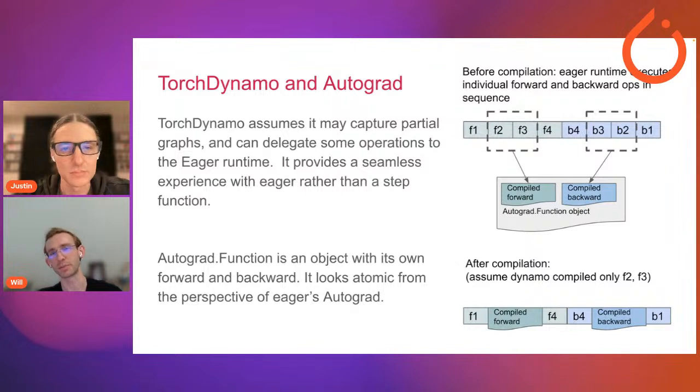When you introduce a compiler, we wanted it to be possible for programs to be partly compiled, and have the compiler fall back to executing maybe unfriendly parts of the program in eager PyTorch. And so the integration works by producing compiled programs and stuffing them inside of AutoGrad.function boxes. And then these boxes can integrate with the eager PyTorch runtime.